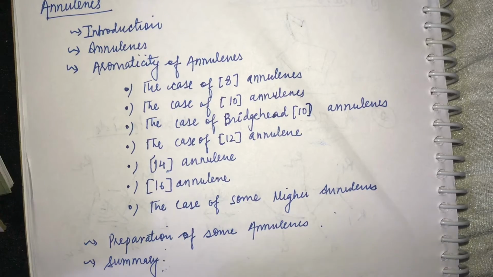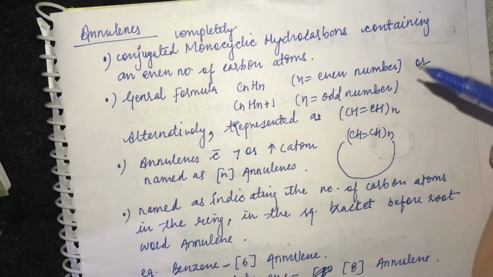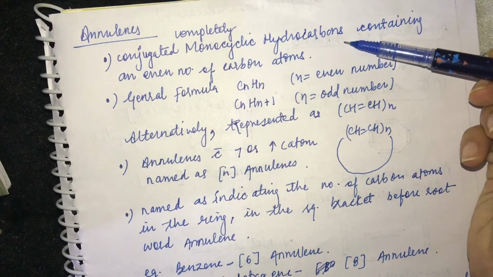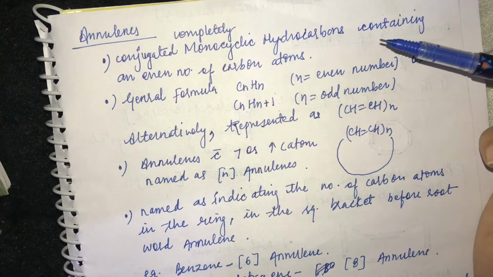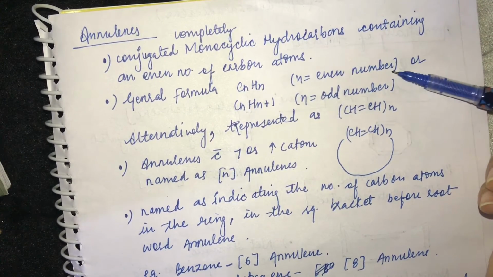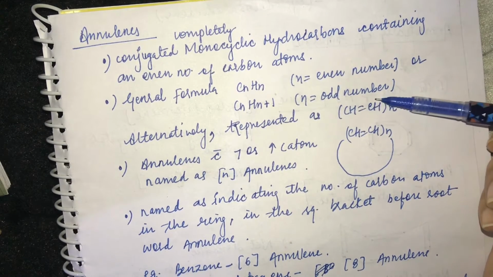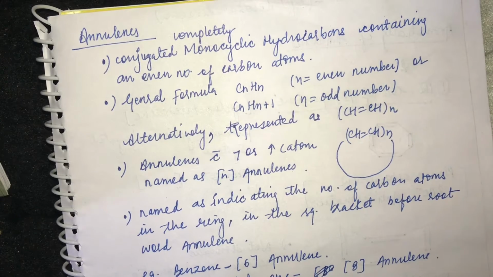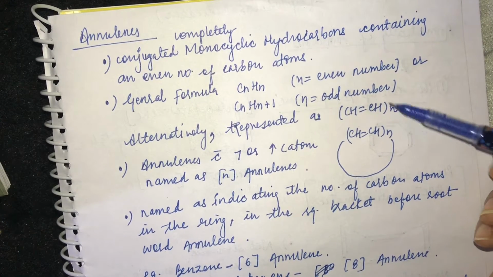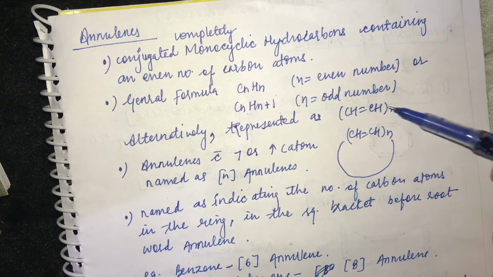Then the molecule turns out to be an aromatic compound. So let's talk about the annulenes. Annulenes are completely conjugated monocyclic hydrocarbons containing an even number of carbons. They have the general formula CnHn, where n is an even number, or CnHn plus 2, where n is an odd number. Alternatively, they are represented as C double bond CH repeated n times.